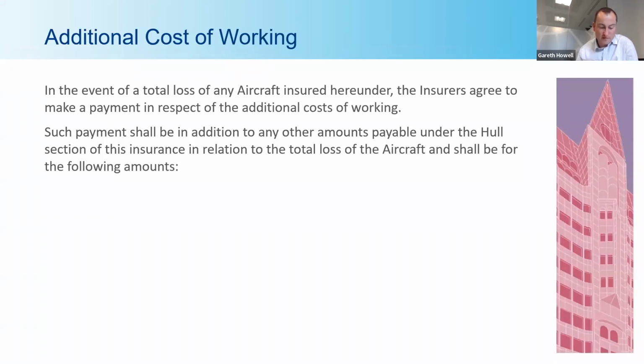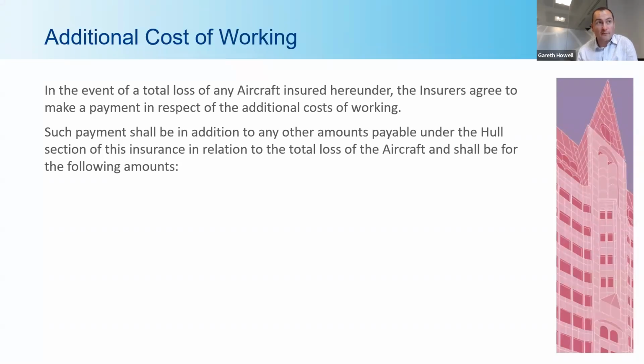This is primarily found in use on airline risks and attached to the hull or hull war coverage. And it will typically be for a fixed dollar amount, which is payable in addition to the hull value of the aircraft.